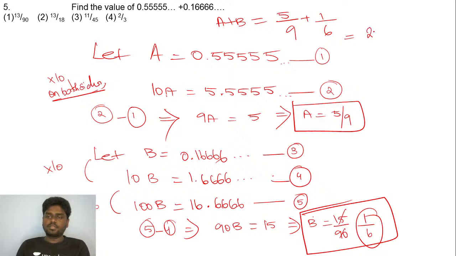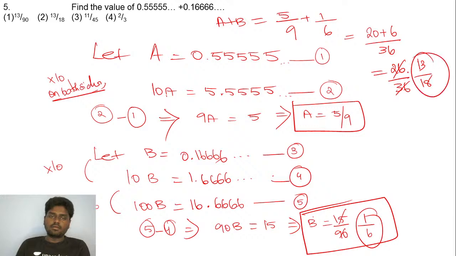So it's going to be 20 plus 6 over 36. So 26 by 36 is nothing but 13 by 18. So the answer for this question is absolutely option 2. 13 by 18 will exactly give me the right option for the given question.